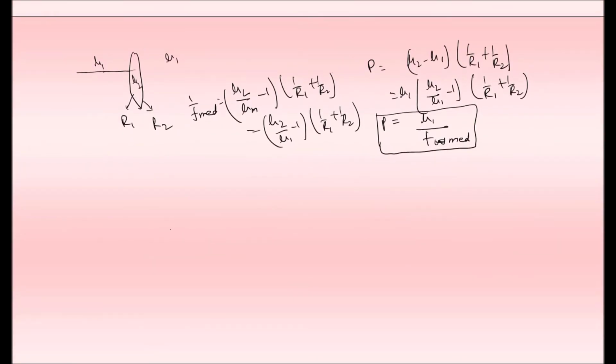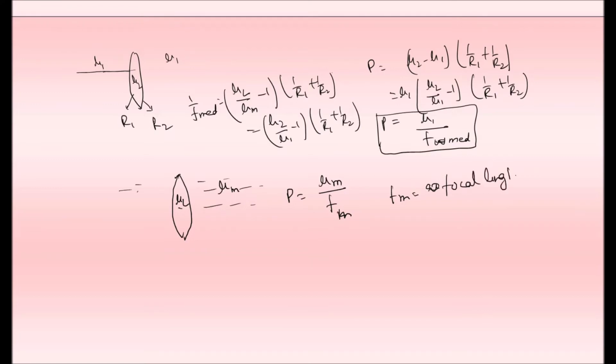So we learned this concept that if we place a lens, suppose this is the lens, in a medium having refractive index mu medium or mu m, and the refractive index of this lens is mu l, then power P is equal to mu m divided by f m, where f m is the focal length of the lens in the medium.